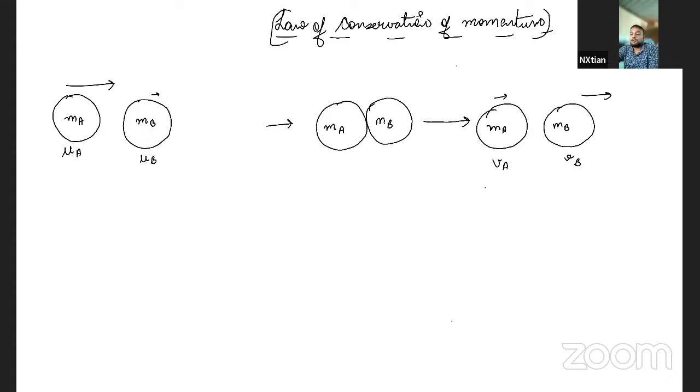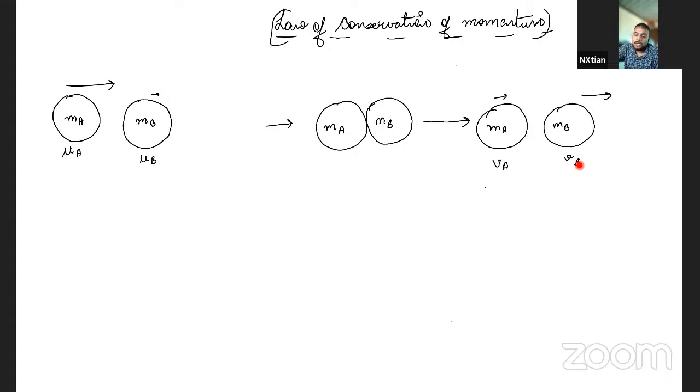I'll repeat it again. There are two balls having their velocities ua and ub, and they collide. After collision, because their velocity changes, they become va and vb.